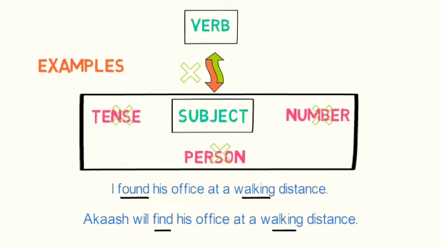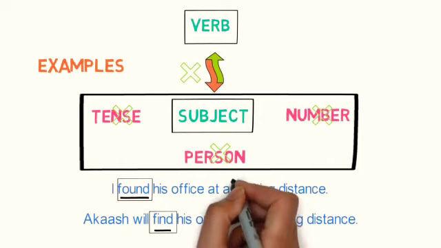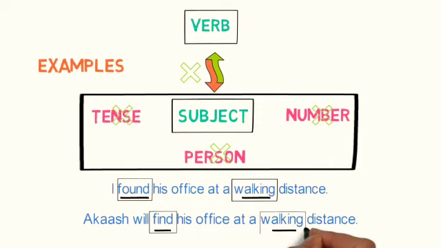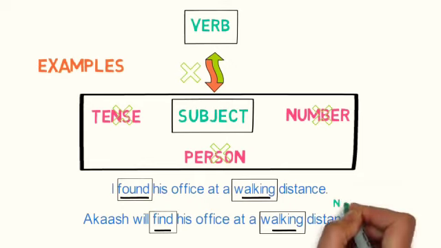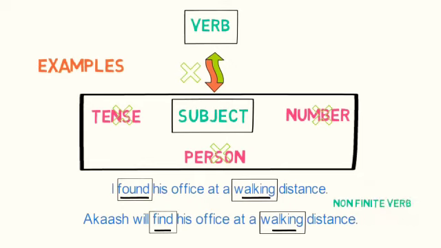Here also, there are two verbs, find and walking. Now you can see that the verb found changed into find, but the other verb walking didn't change in both cases and does not function as a main verb in the sentence. So it is a non-finite verb. Now we are clear what non-finite verbs are.